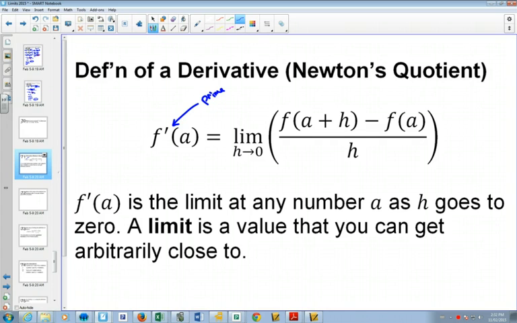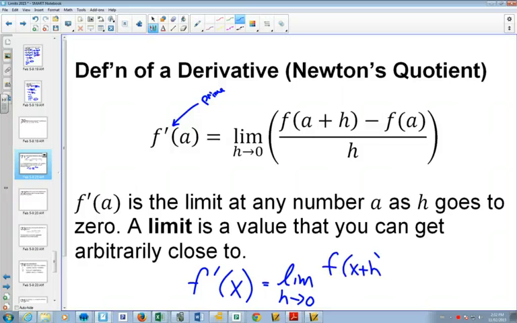So instead of saying at a specific point a, we'll just take any point x on our function. It will still equal the limit as h goes to 0. And now we'll have f of x plus h minus f of x over h. And this is what we're really going to use over and over again.